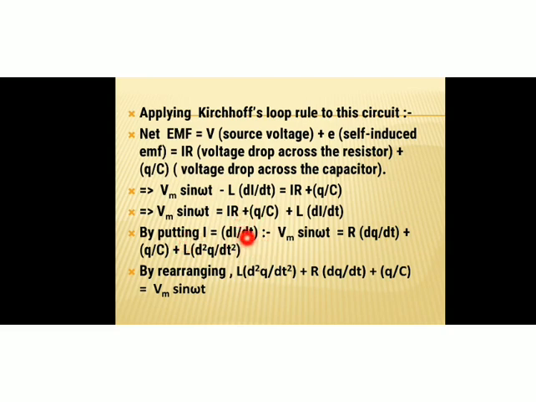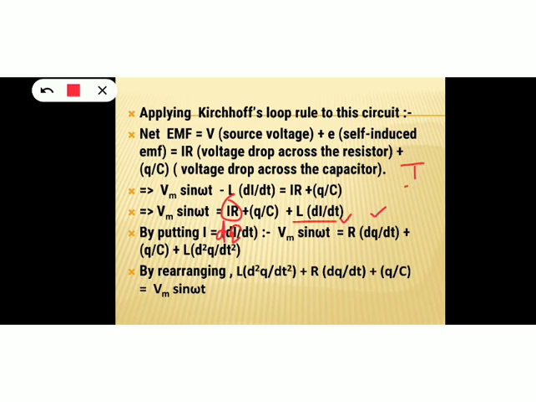So Vm sin omega t equals IR, and instead of I we substitute dq by dt, so dq by dt into R plus Q by C plus L into di by dt.